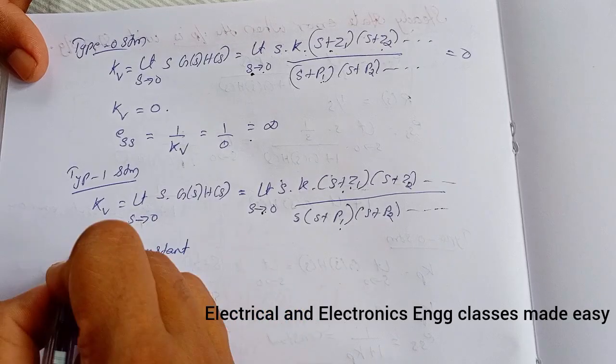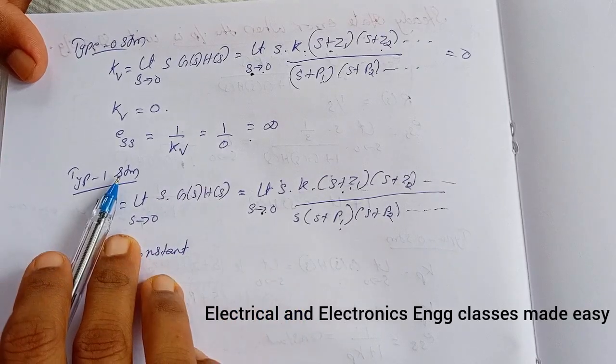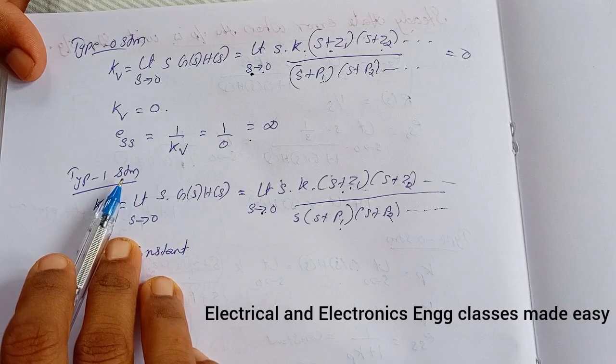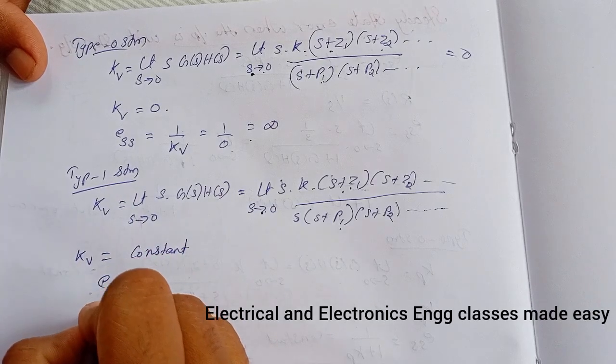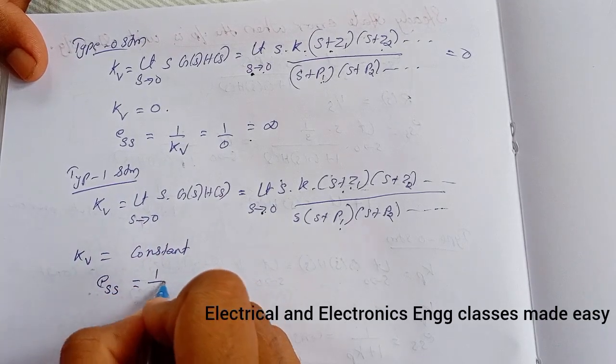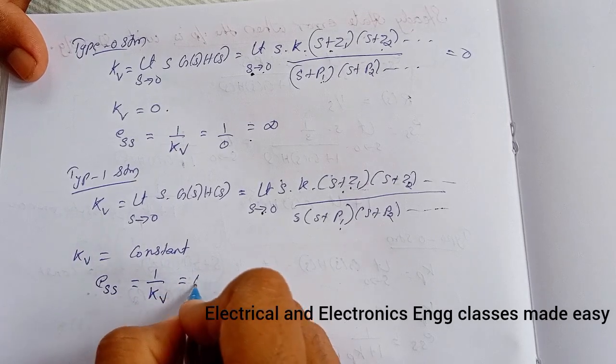So Kv is a constant for a type 1 system in the case of a unit ramp signal, and the steady state error ESS equals 1 by Kv, which is a constant.